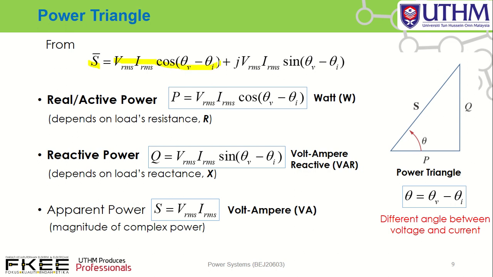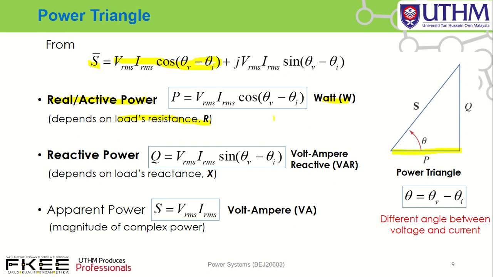This is the real power, or we call it active power, P equal to V RMS I RMS cos(theta V minus theta I), which is measured in watts. This real power depends on the load's resistance, which is R. This is the real power for the power triangle.